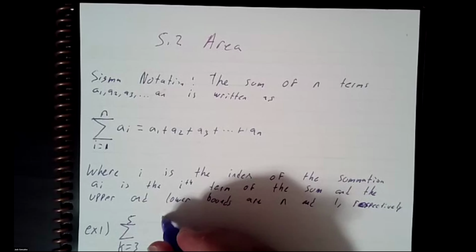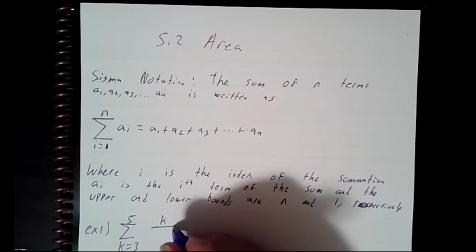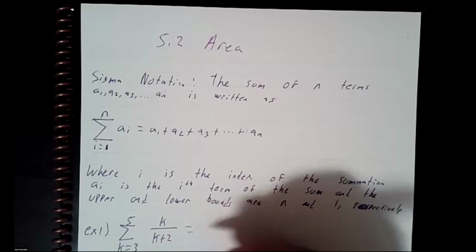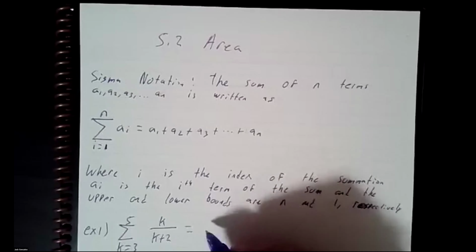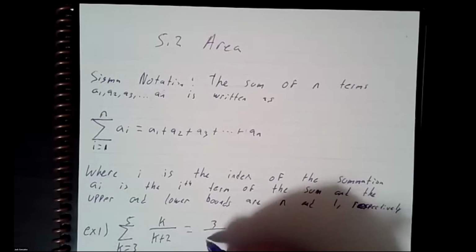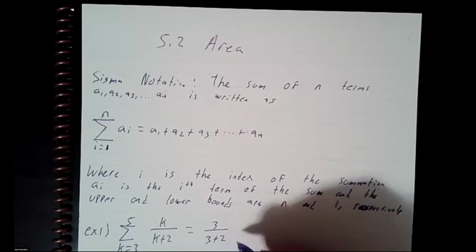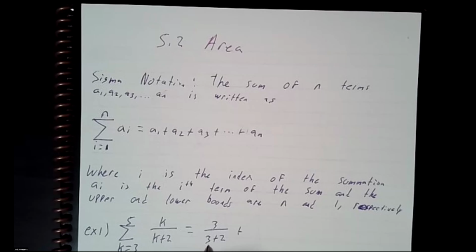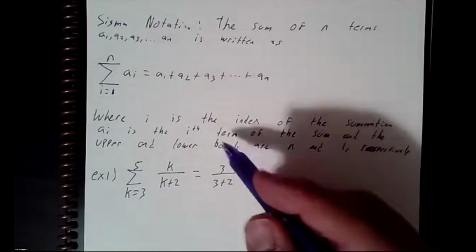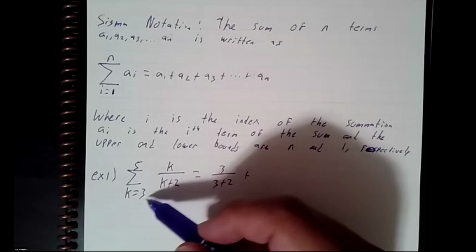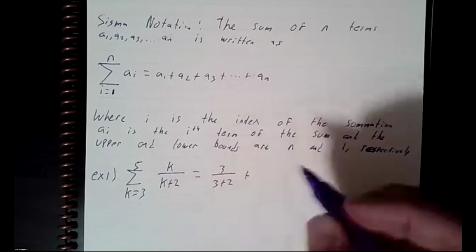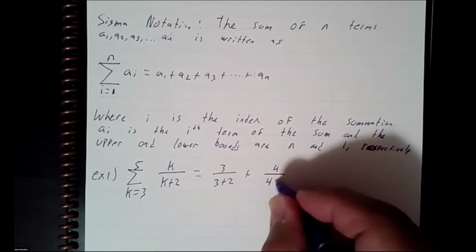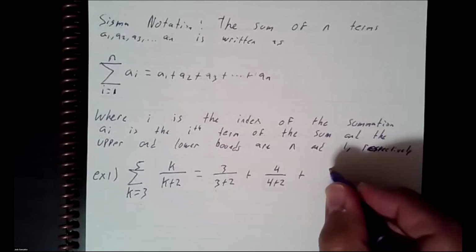So this is the formula where I'm going to cycle those numbers through. There'll be 3 over 3 plus 2, so I'm starting at 3, right? This is the part that's changing, the k's, replaced by the index. And then you go to the next one, so it'll be 4 over 4 plus 2, all the way until 5.